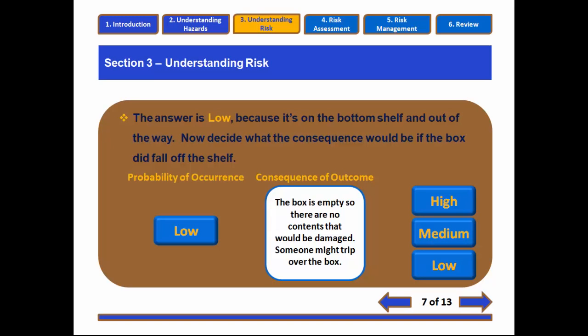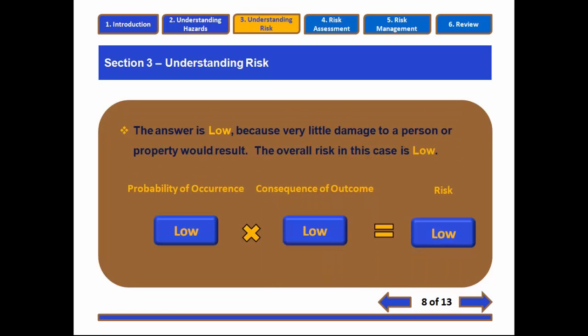It's empty, so we don't have to worry about anything breaking in the contents of the box. It's light, so probably not much of a hazard to whomever it hits, but would still be a tripping hazard. So there's undoubtedly some consequence associated with this box being on the floor. So we'll say a low consequence. So if we take the probability low, consequence low, we then say that an empty box on a bottom shelf is a relatively low risk situation.